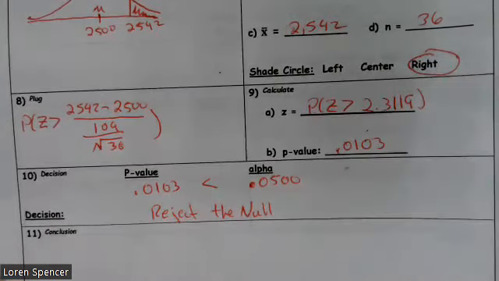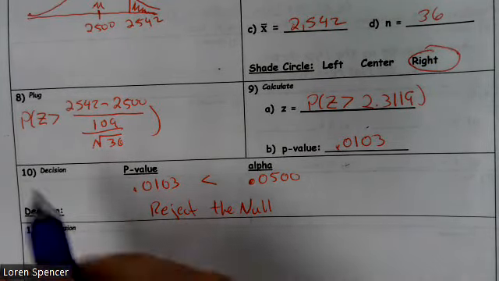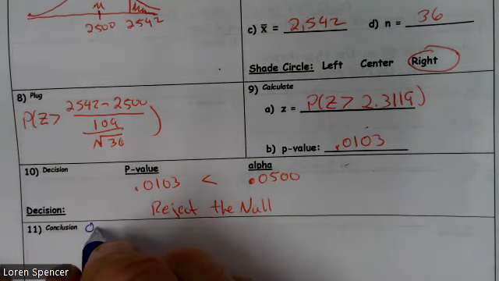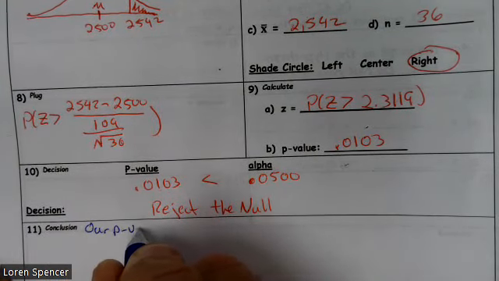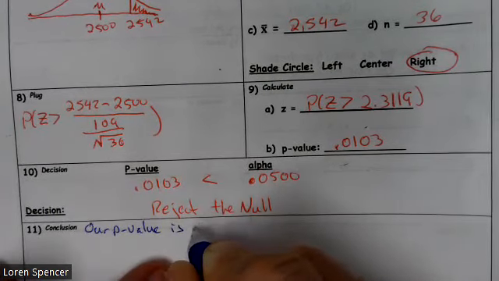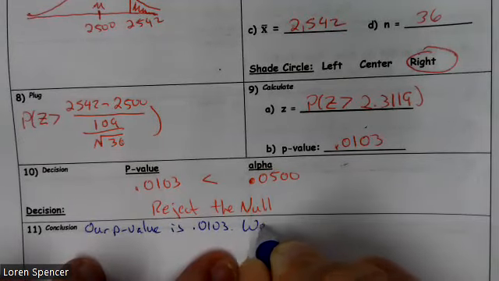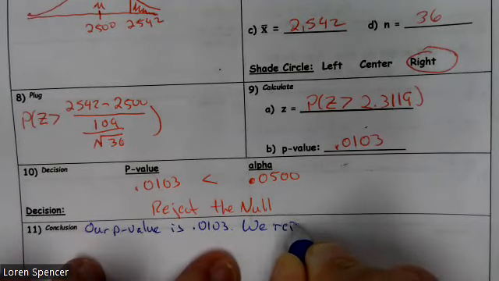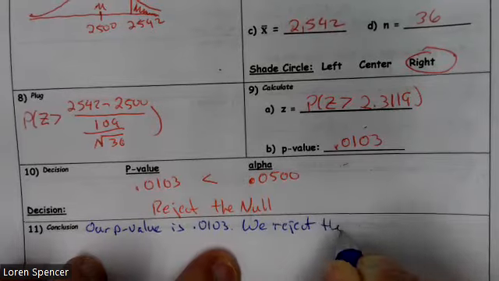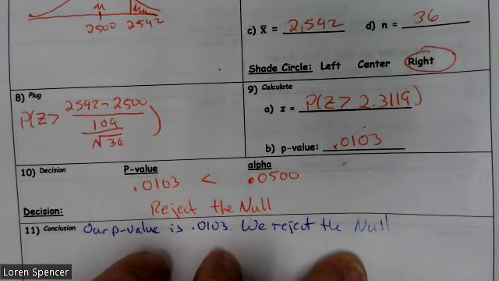Now we need to write our conclusion. Our conclusion is going to refer back to our definition of the parameter. We start off with our p-value, 0.0103. Our decision is we reject the null. That pen is dying.